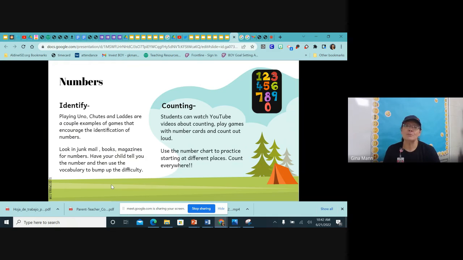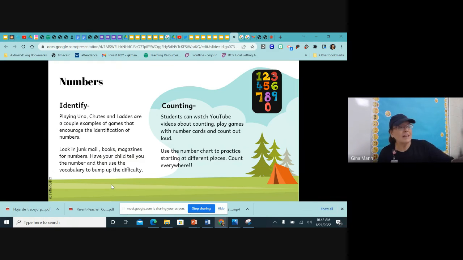Use the number chart to practice, starting at any spot on the number chart. And count everywhere. You want them to start seeing those numbers, not just on a piece of paper. We want them to start seeing those numbers when they're at Whataburger, when they're in the grocery store, wherever you're with them.